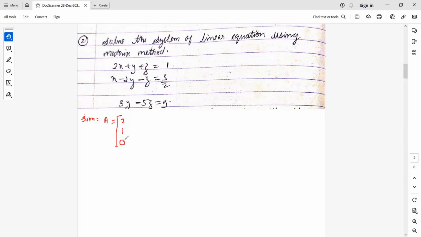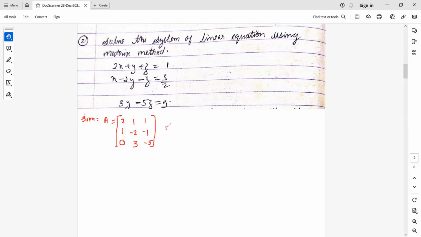So when there is no x term or y term or z term, you need to consider it as 0. Similarly, in the first equation the y coefficient is 1, second equation the y coefficient is 2, and the third equation the y coefficient is 3. Similarly, the third column will consist of 1, -1 and -5. So this is the matrix A.